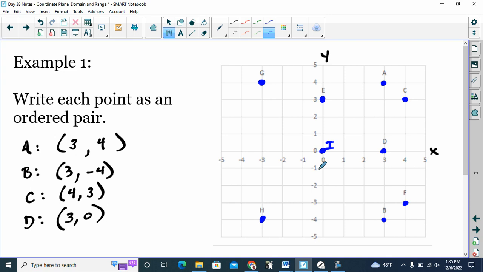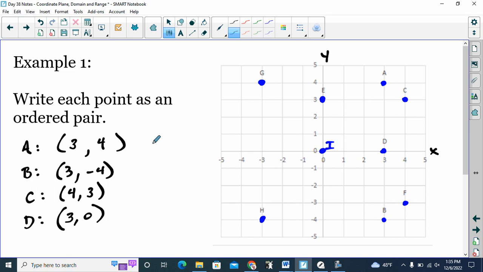You get E, F, G, H, I. I'll give you a minute or two, and then we'll regroup and talk about them. If you guys need more time, by all means, pause the video, let everybody finish up.